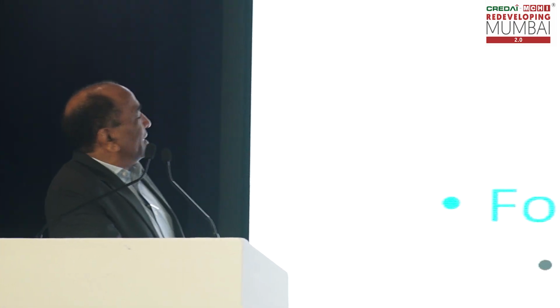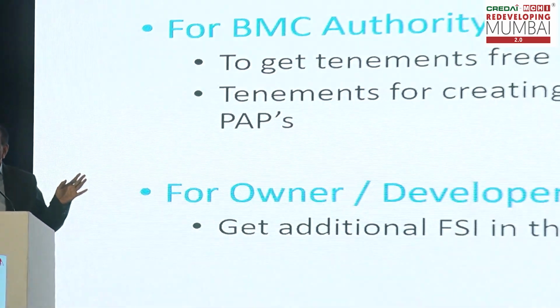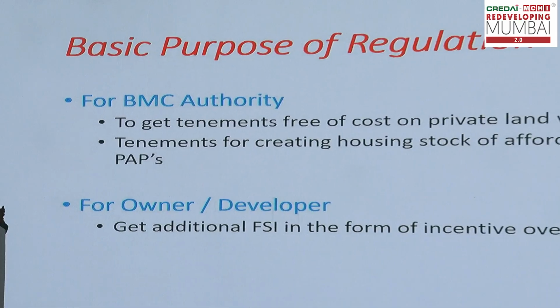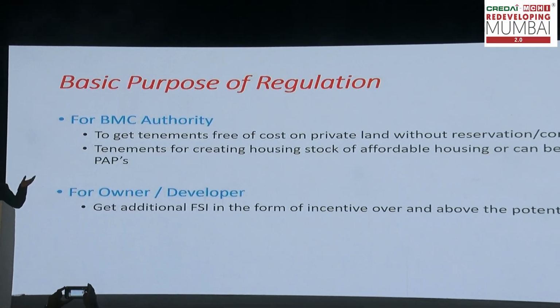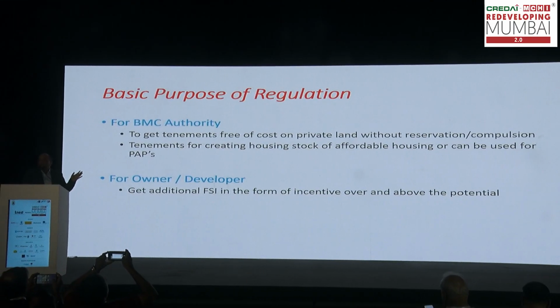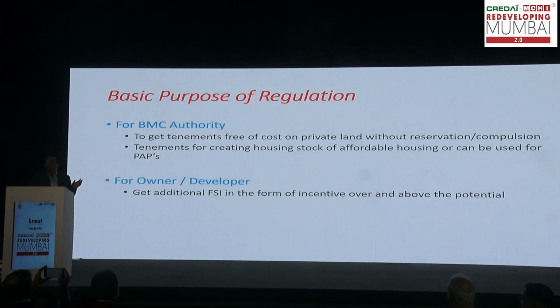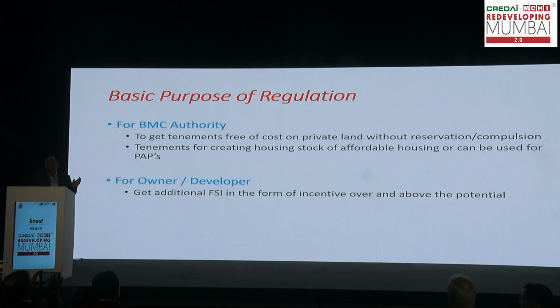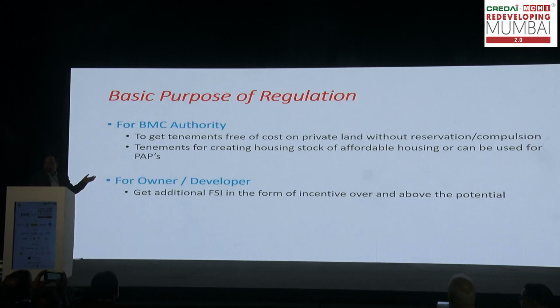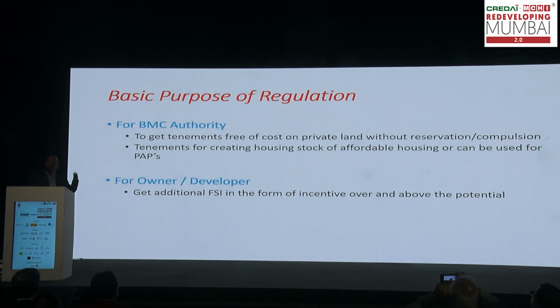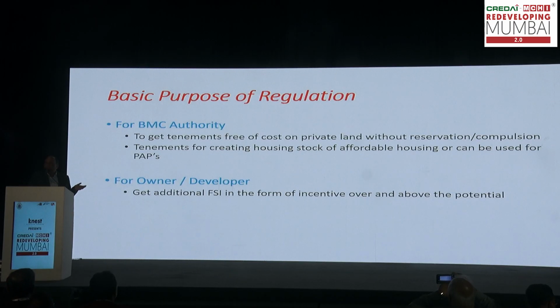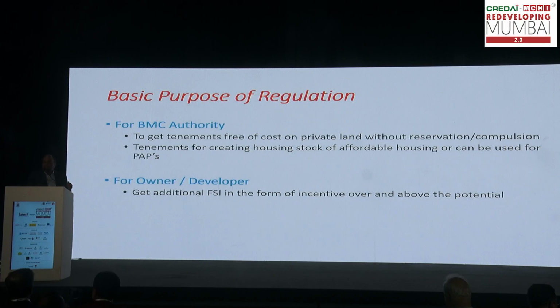Under this regulation, higher FSI will be allowed beyond the permissible FSI we see now. But in that case there will be sharing of the FSI. Some of the area has to be handed over to the PMC in the form of tenements, which will be used for affordable housing tenements or PAP tenements. As against that, the developer or the society will get incentive areas proportionately.